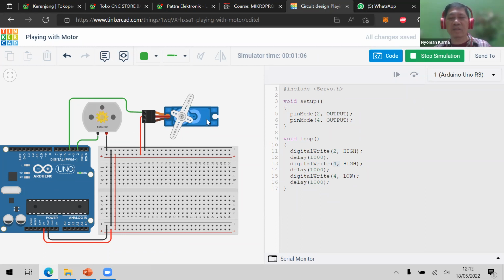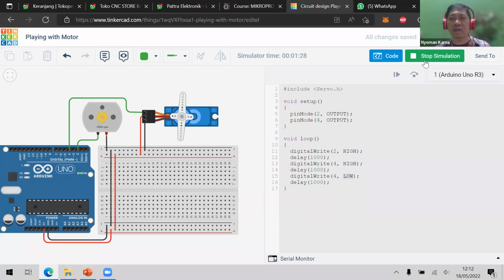And the servo motor only turns for a specific degree, for example, maybe 5 or 10 degrees. So we need to send a pulse. That's the reason why we send high and then low, and then high and then low.